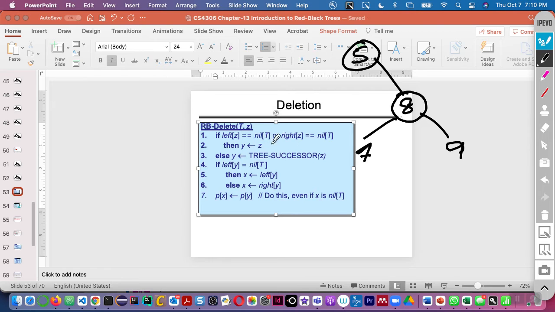So the first one says if this one is null or this one is null. This is or, not and. Okay, then this is our target, then the g value goes to y. This is y and this is our g value, and then the g value goes over here, as we saw in our demo.